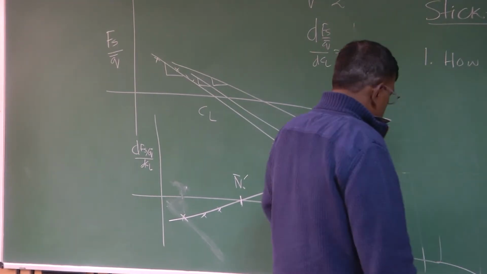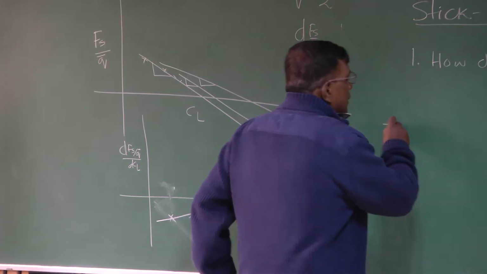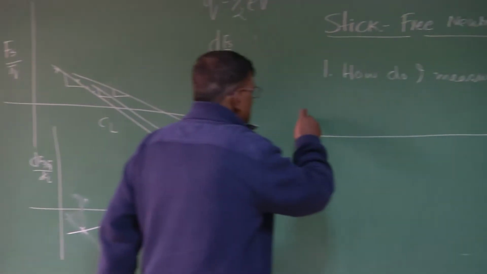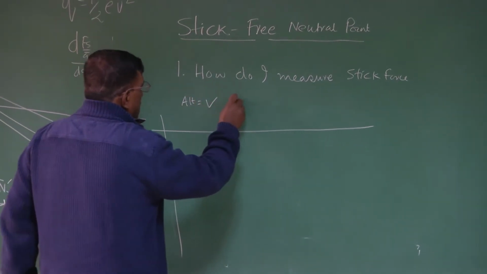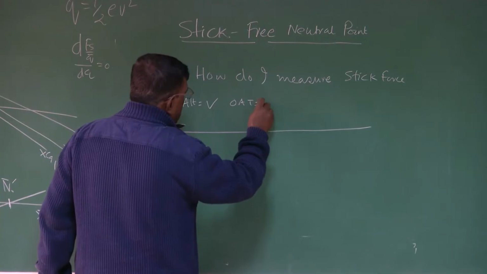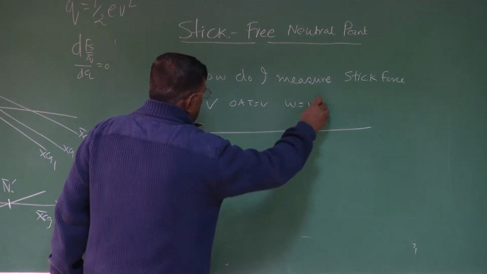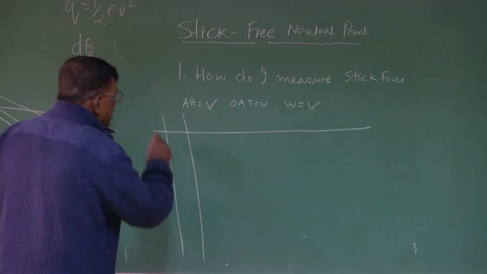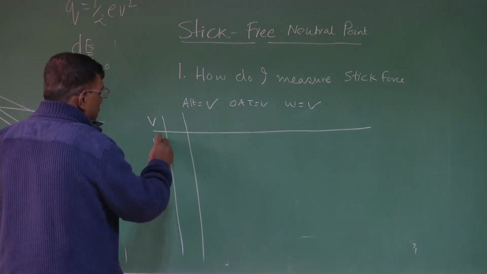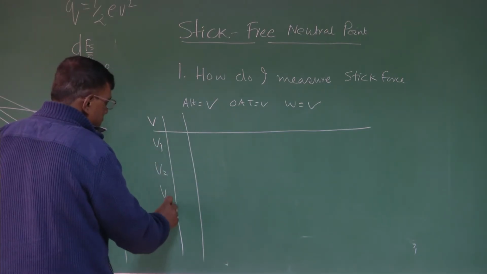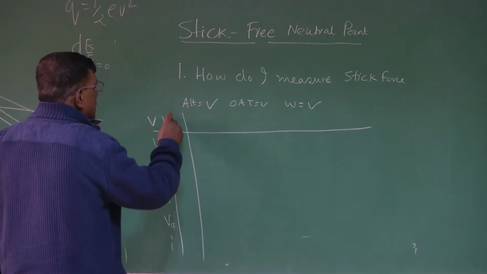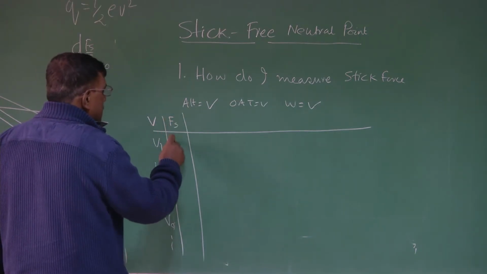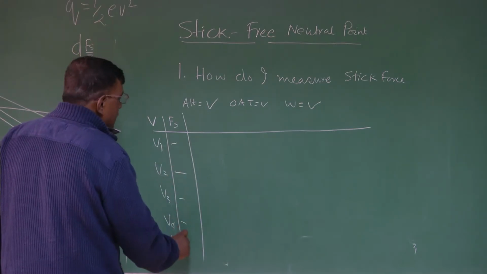So I will just write the revised table. You have an altitude, you note down the outside air temperature, you note down the weight, then fly at different V, so V1, V2, V3, V4, like that, and measure stick force, 1, 2, 3, 4, 5.